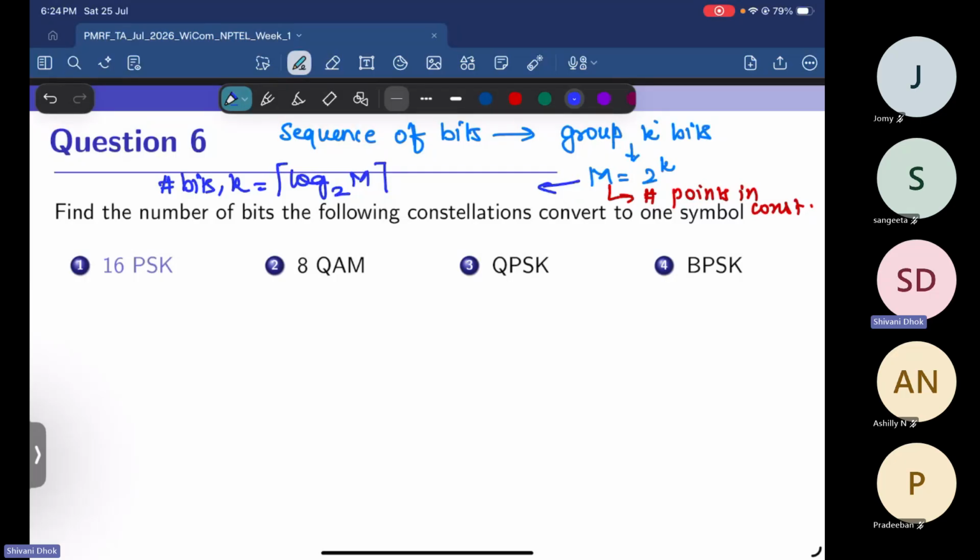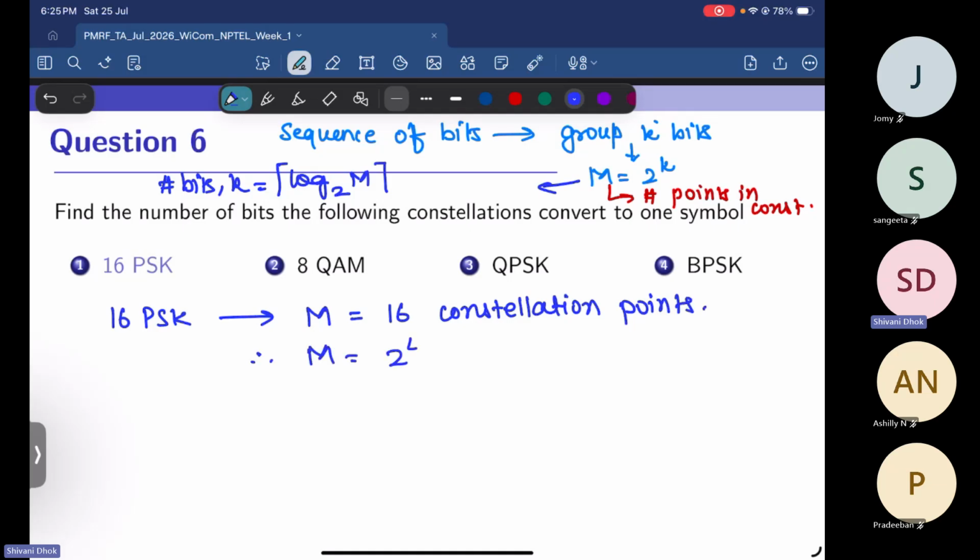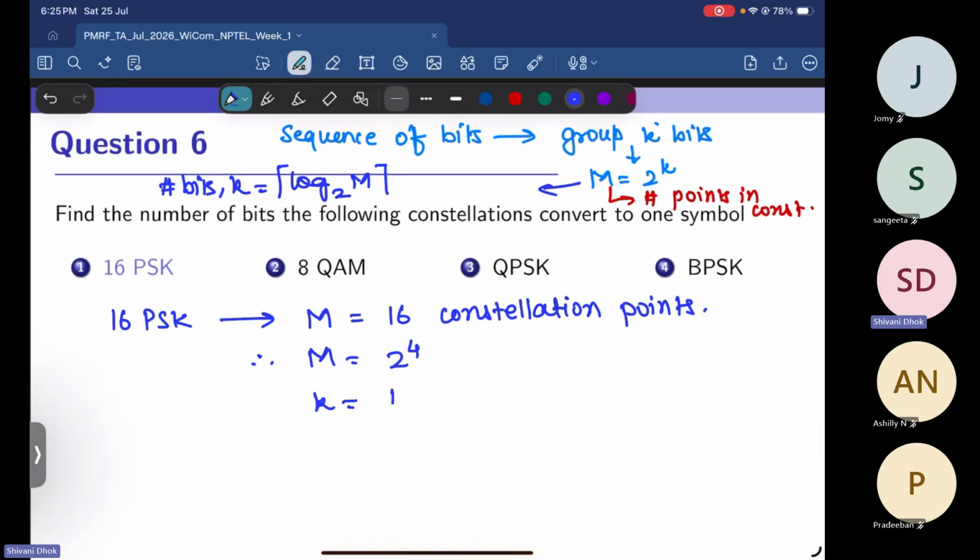The first example given to us is 16 PSK, which corresponds to M equal to 16 constellation points. So you can write M as 2 to the power 4, and k is log of 2 to the power 4 to the base 2, which is nothing but 4 bits.